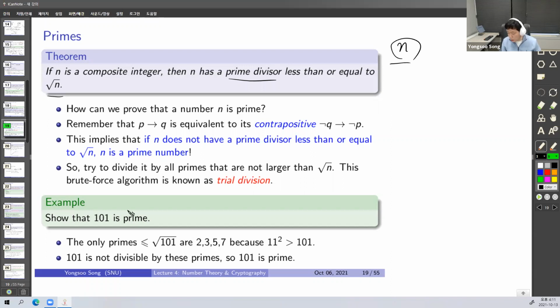So for example, if n is 101, then there are only 4 primes which are less than square root of 101. So you just try to divide n by 2, 3, 5, and 7, and deduce that n is not divisible by any of these 4 primes, so that 101 is a prime.